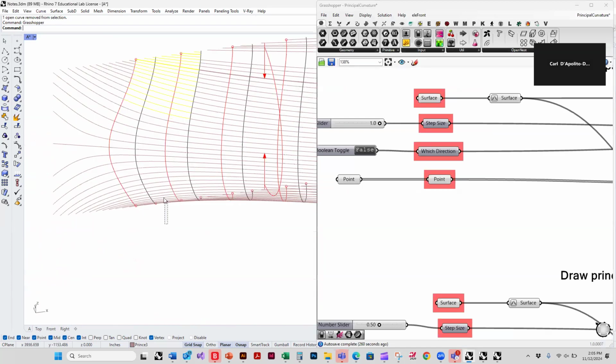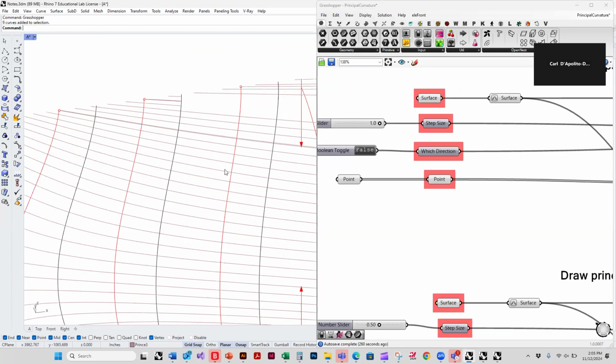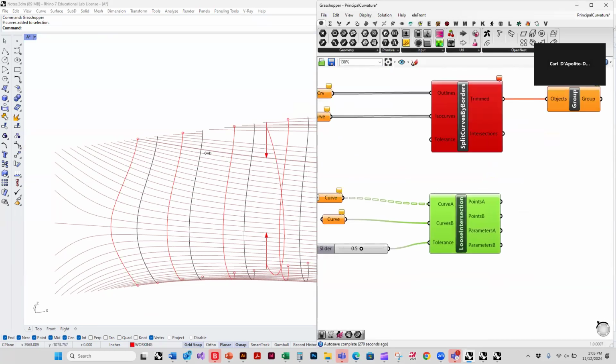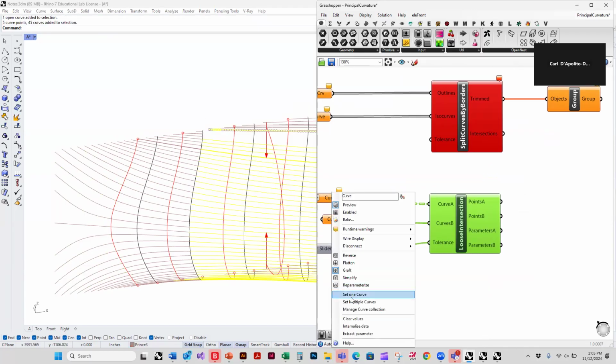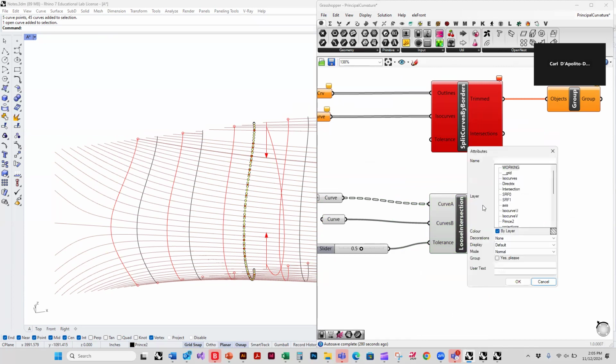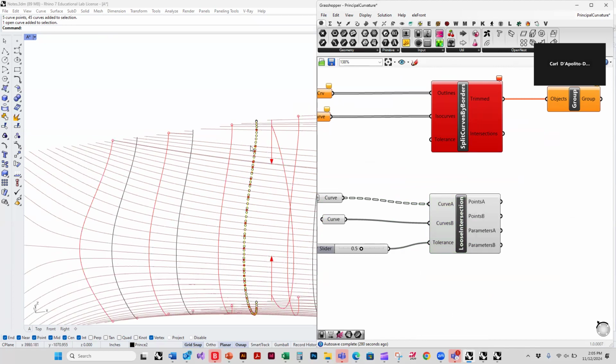Okay, so you can do this trim thing, or you can use this little script down here, which is called loose intersection. It takes a bunch of curves and you put them in there, and it takes another curve in here. And that gives you the points on curve A where they sort of intersect. You can bake those, and then you can split the curves with the points. That will always work.